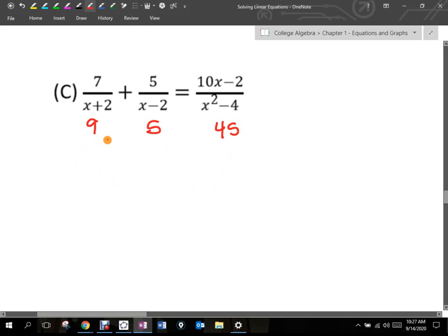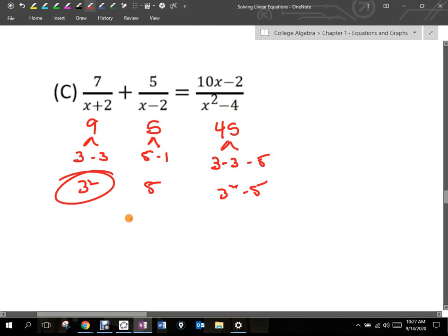Now, remember breaking this down to like 3 times 3. This was 5 times 1. This would have been 3 times 3 times 5. So we wrote this as 3 squared times 5. Remember doing that? Okay. And we had to do that with all of these numbers to say, yeah, that's got to be part of my LCD. Yes, that's got to be part of my LCD. I already got that, and I've already got that 5. Does that kind of make sense?